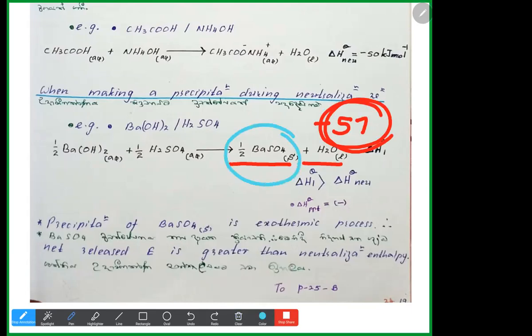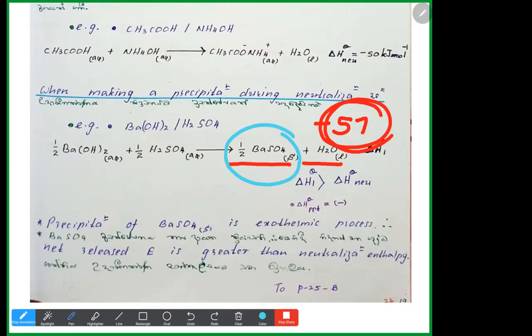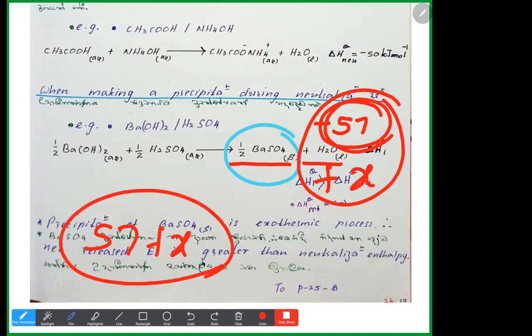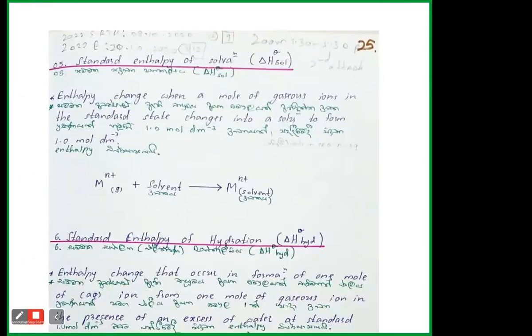See, barium sulfate is a fine heavy precipitate that we did under gravimetry of inorganic chemistry, remember? So this is also exothermic, so 57 plus some x value, so the total energy becomes 57 plus x. So this is greater than normal neutralization energy. So remember that if there's a precipitation, the neutralization energy is greater.